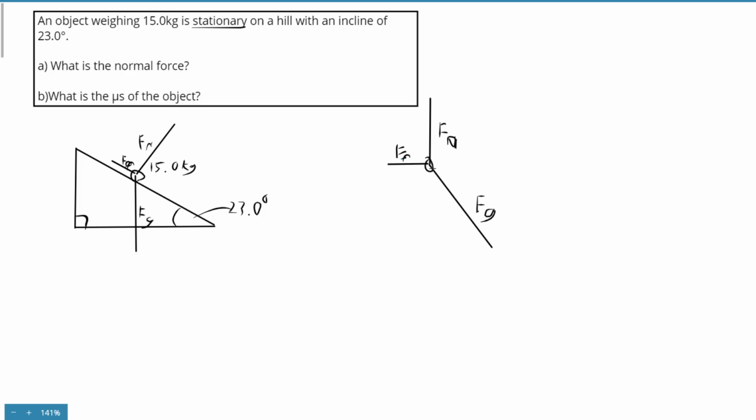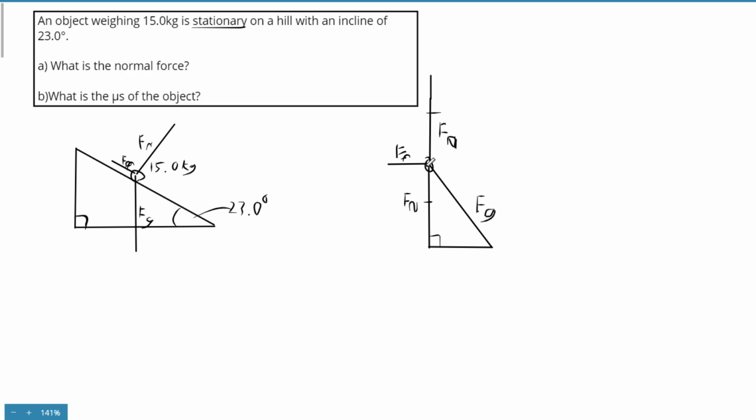To do that, we make a vertical component and a horizontal one into a right triangle. Because Fn and the vertical have to cancel out, this side is equal to Fn.